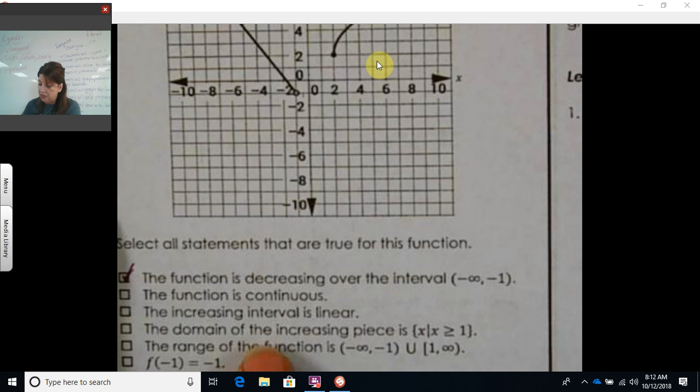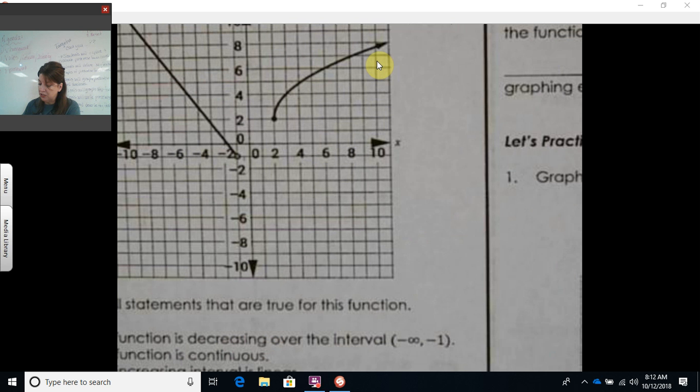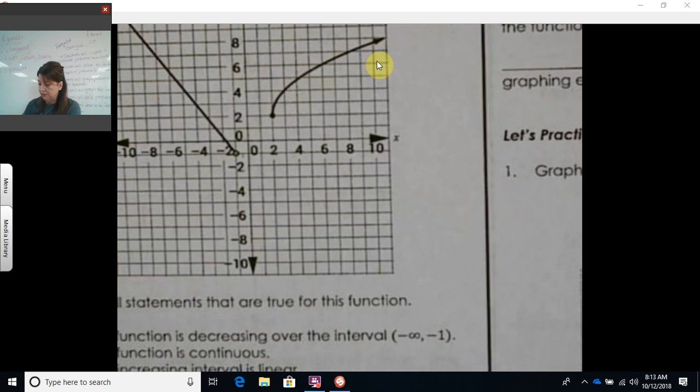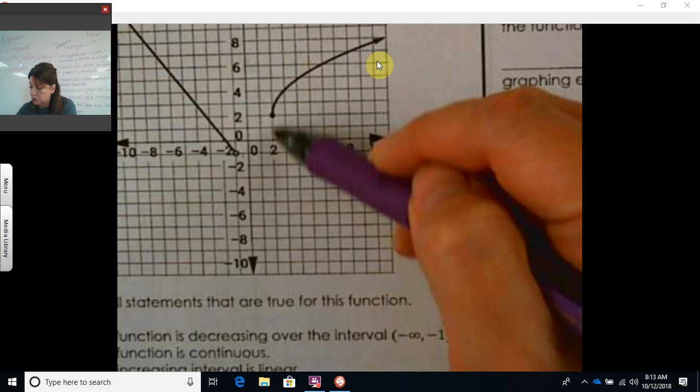The domain of the increasing piece is x such that x is greater than or equal to 1. Is that true? No. So close. What would we have to do to make it true? If it was 2, because it's x is greater than or equal to 2, so it was really close.